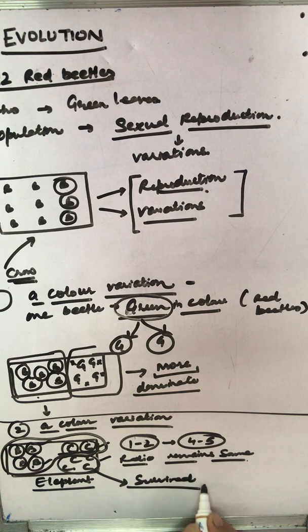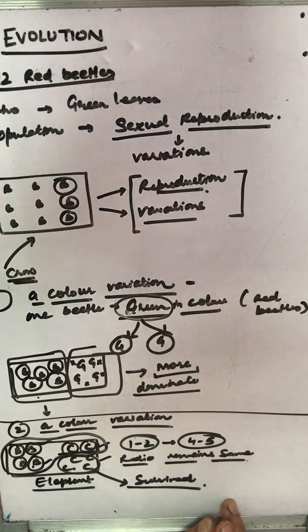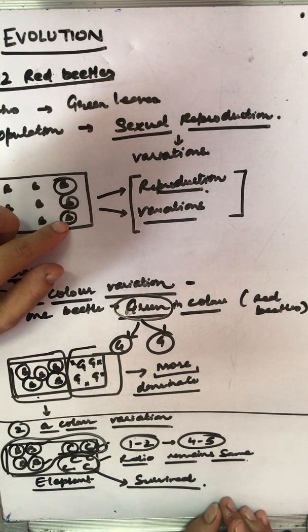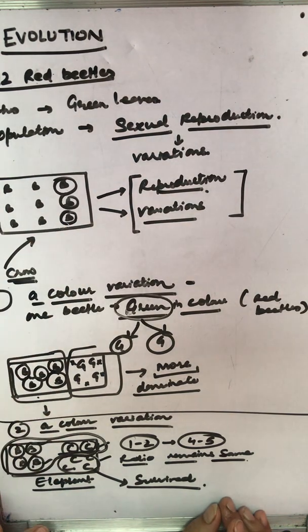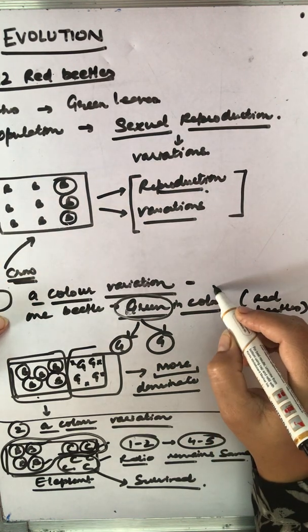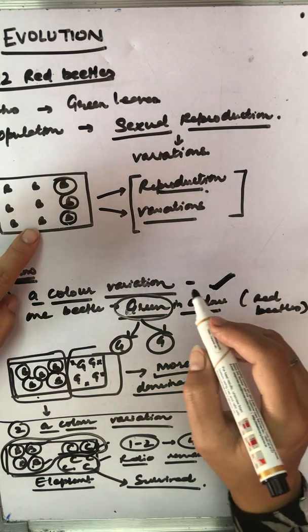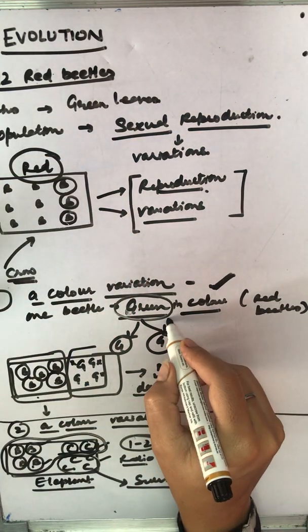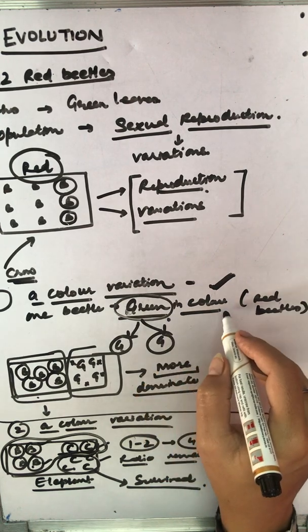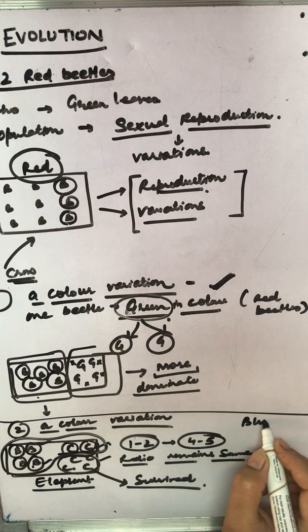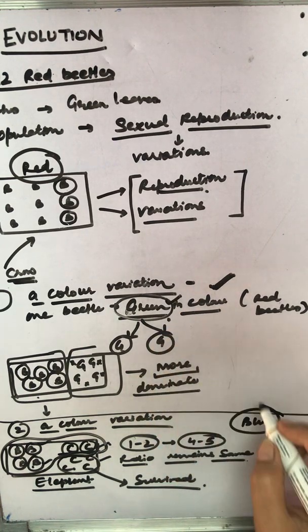Then it is obvious that it started out as a rare variation and came out to be a common characteristic in the population. Means the green color came out as a rare variation in the progeny of red beetles, and blue color came out as a rare variation, but both got selected.